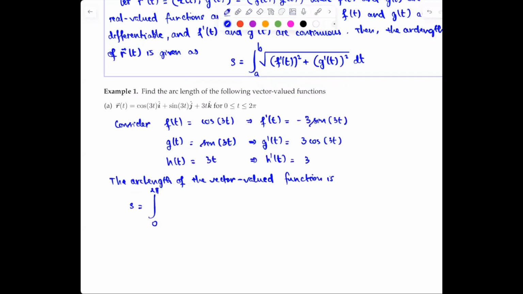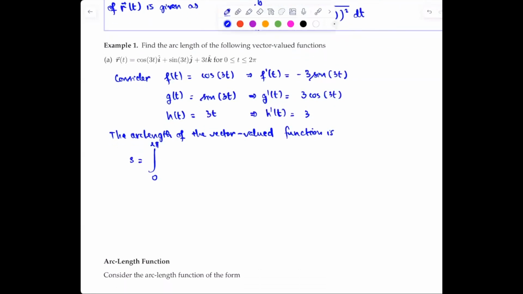So t is between 0 and 2 pi. So the integral of the square root of f prime of t square, so -3 times sine of 3t altogether square, plus 3 times cosine of 3t altogether square, plus 3 square dt.